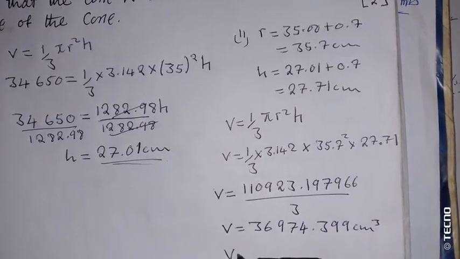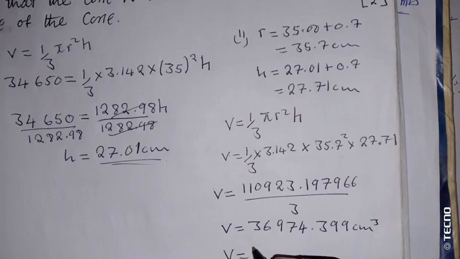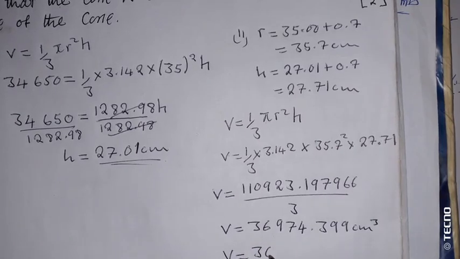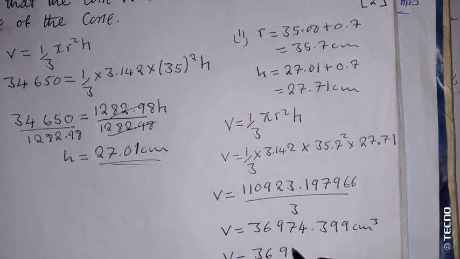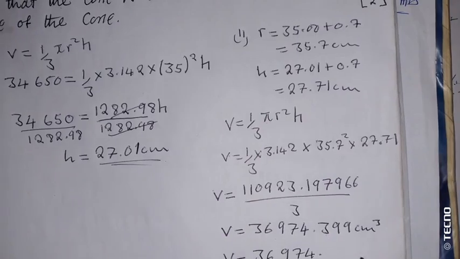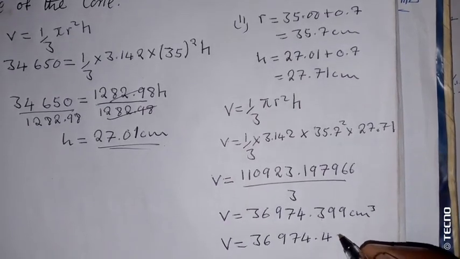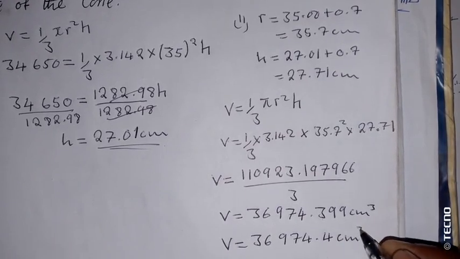Now writing the final answer to 1 decimal place, we say 36,974.4 centimeter cube.